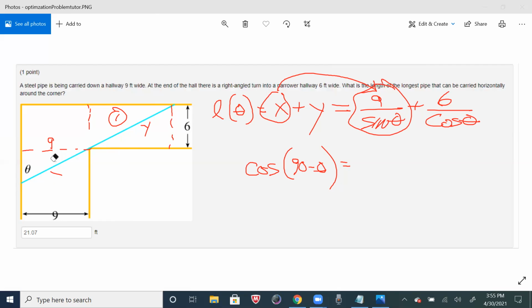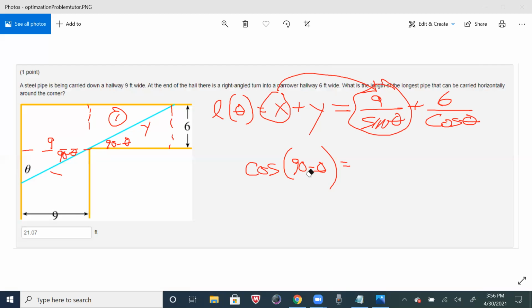If we look at this first triangle right here, this angle is 90 minus theta, correct? Because it's a right triangle. And if that angle is 90 minus theta, this is a vertical angle, that's 90 minus theta. Unless I'm not seeing it, but I'm pretty sure I'm seeing it correctly.